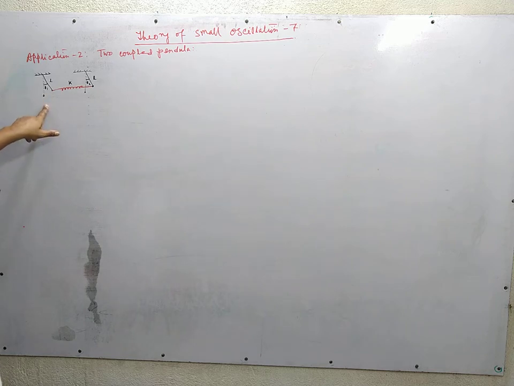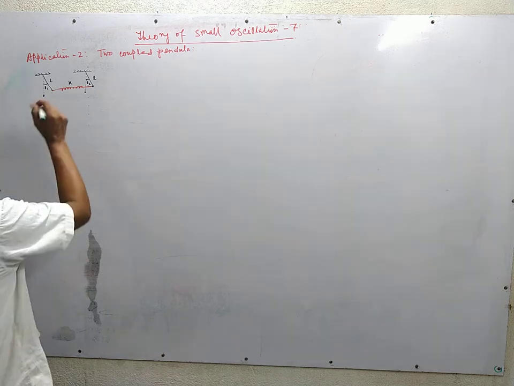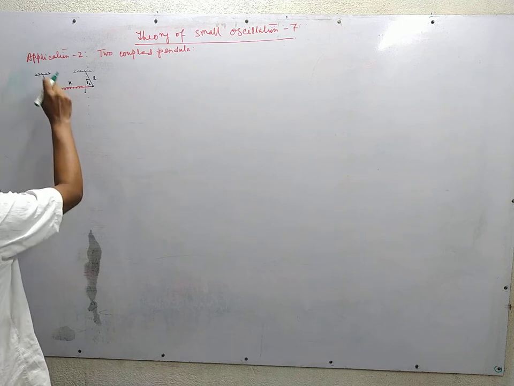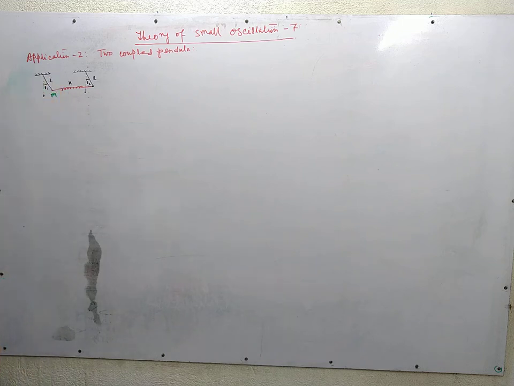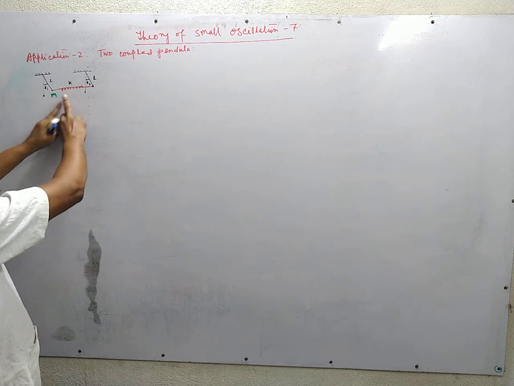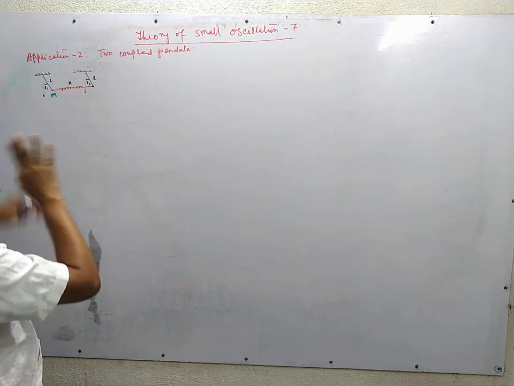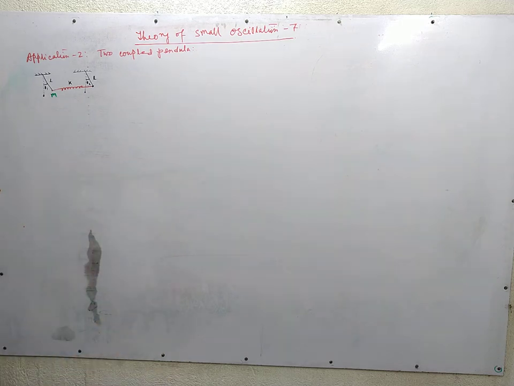There are two identical coupled oscillators, each comprising a bob of mass m hung from a rigid support by an inextensible string of length L. If there were no spring, each pendulum could execute simple harmonic motion.